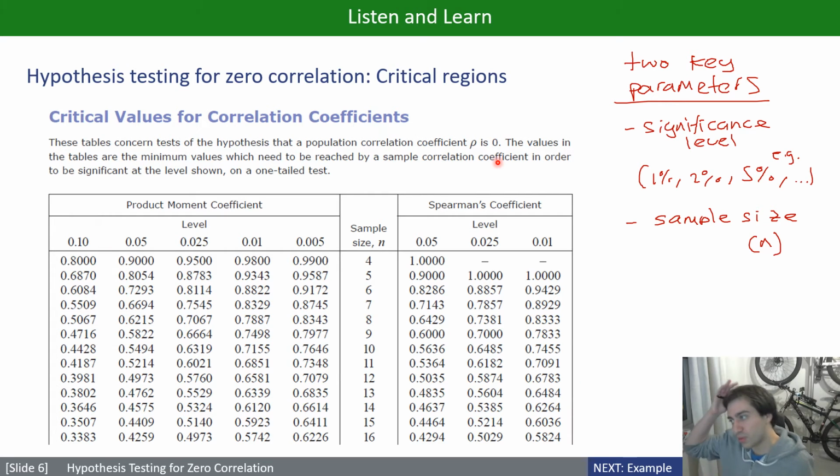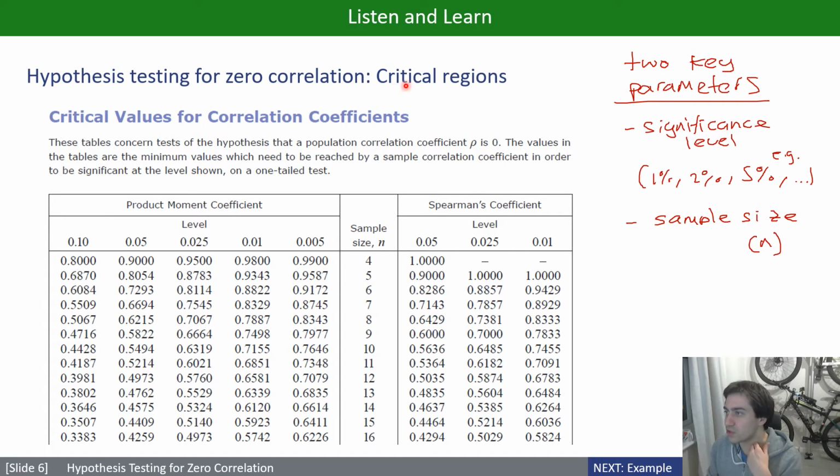Just to remind you, with normal distribution, the critical value was something you calculated yourself. You took out your calculator and said, I want this particular area to be on the left or the right, and this is the mean, this is the standard deviation, what's my critical value? For correlation, you don't have to worry about any of that.